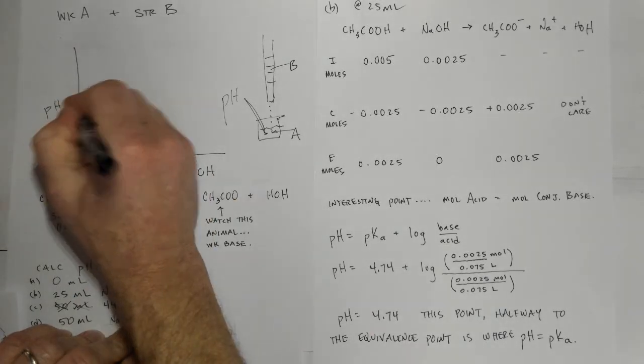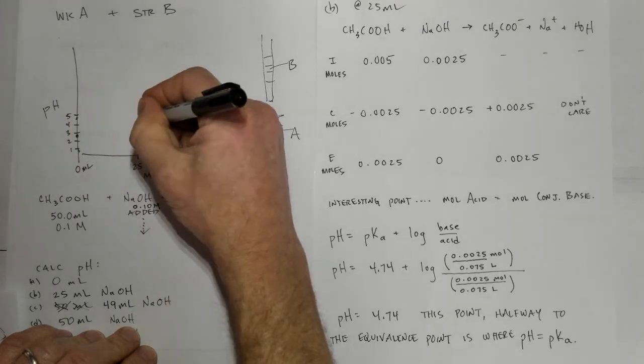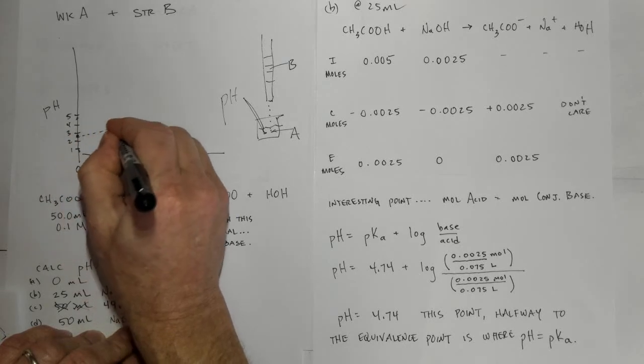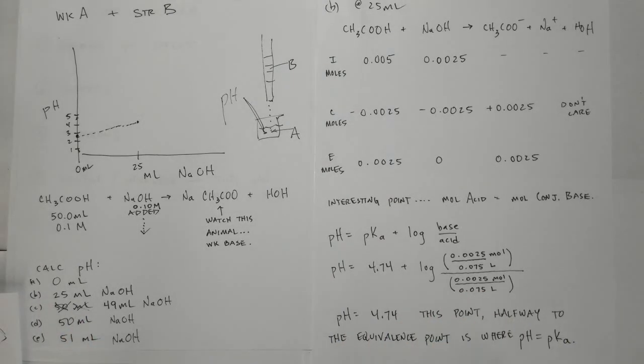So if this is 4, and this is 5, 4.74 will be right about there. So following over here, here's what we've done so far. So we've gone from here up to about there. All right. Next problem. We're at 49 milliliters of NaOH.